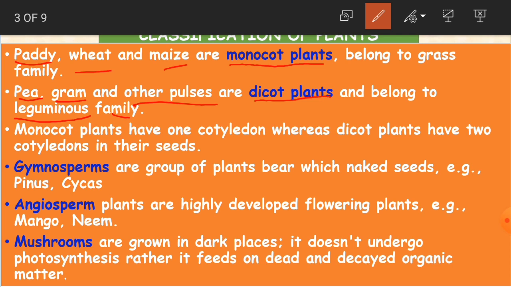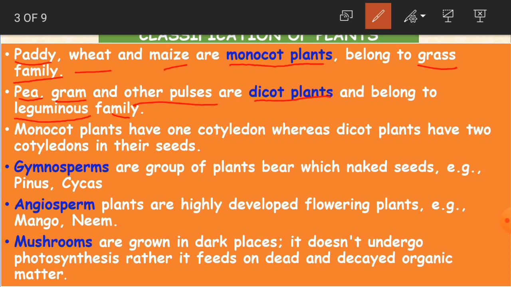In these plants you can see seeds in pods, and you will also have flowers. Whereas in the grass family you do not have any flowers. But here in leguminous type of plants, you can see flowers and you can see seeds in pods.